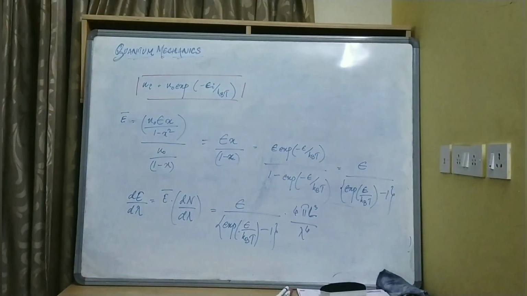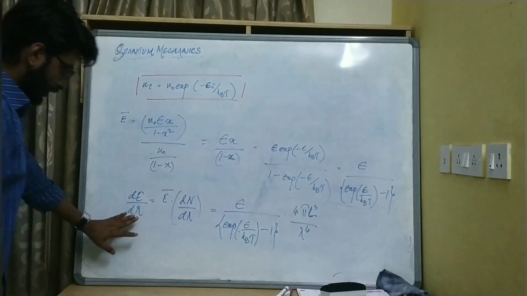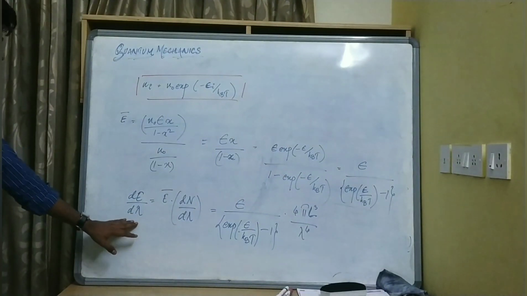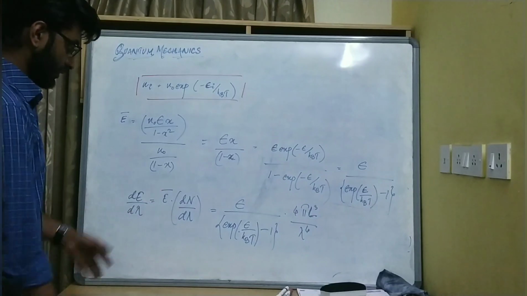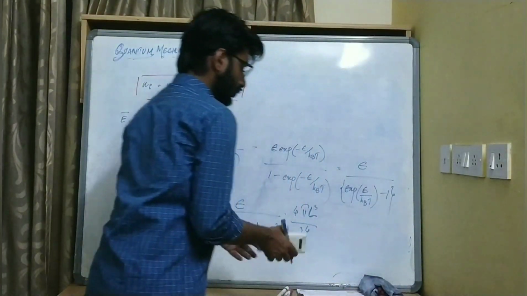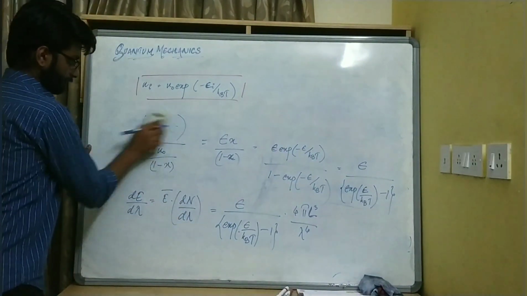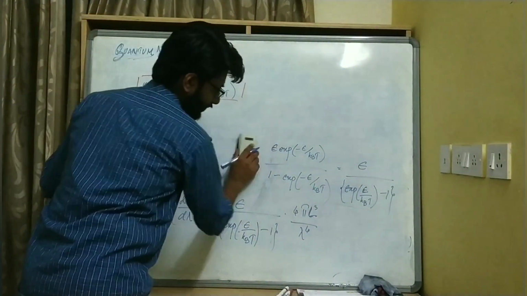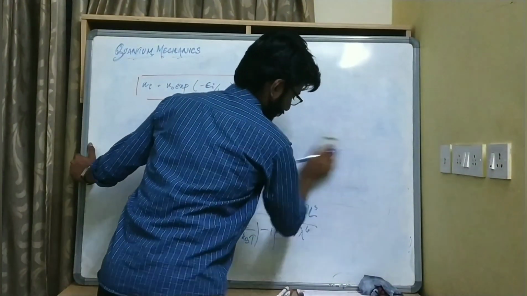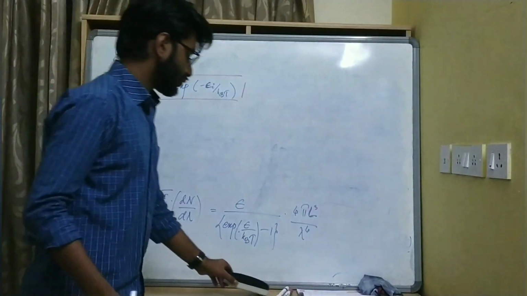So this is the expression for the radiative energy per unit wavelength, and if you want to know the average energy density, you just divide this expression by L cube and multiply by 2, because you need to take the polarization into account.